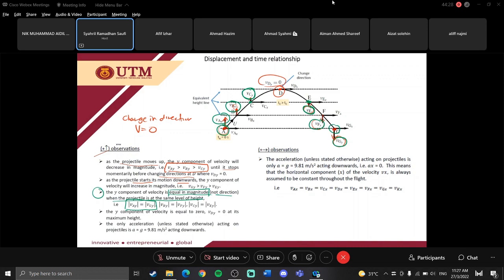So there is a relationship that you can make here: at the same height, there is a difference in time between 2 points, but the same velocity magnitude. You need this information when doing the analysis.